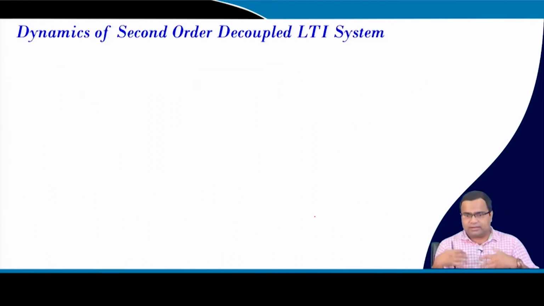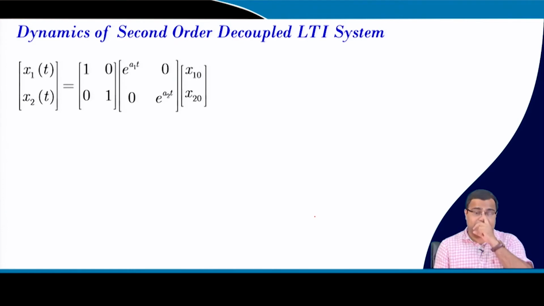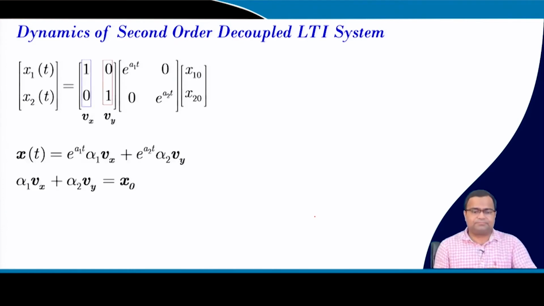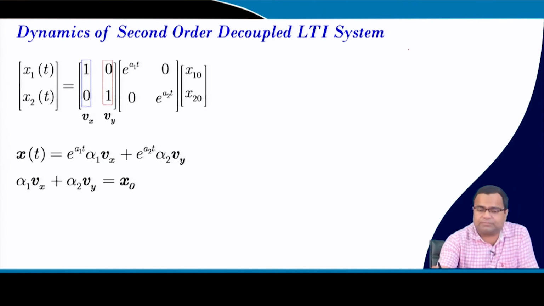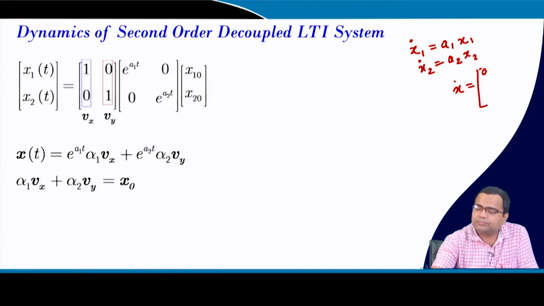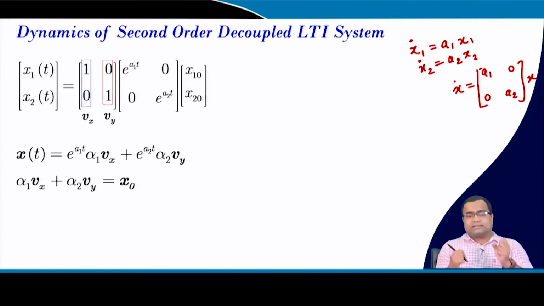Now, for the decoupled system, writing again Vx, Vy, we can write the solution. Our original equation: for x1 dot we know it was a1 x1, for x2 dot it was a2 x2. So you can write x dot equals [a1 0; 0 a2] times x.